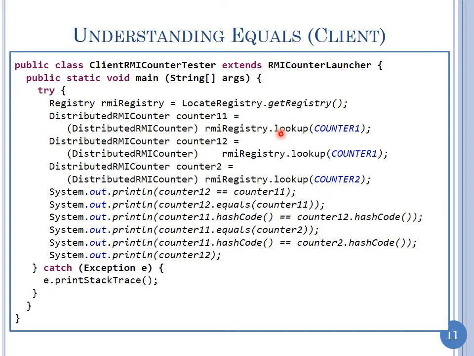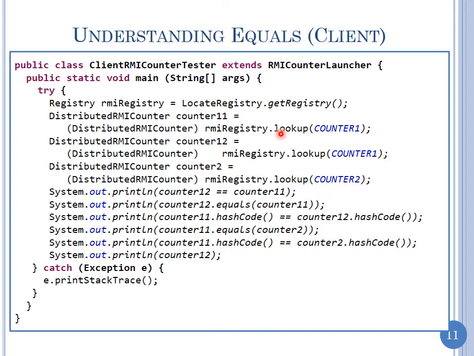My RMI system could be smart enough and say, I'm not even going to do a second lookup. I know I've done a lookup before with this name. I'll just give you back the same proxy. But it treats it just as another client, so it's getting a new proxy, right? Well, yes, it'll give you a new proxy, it'll give you a new copy.